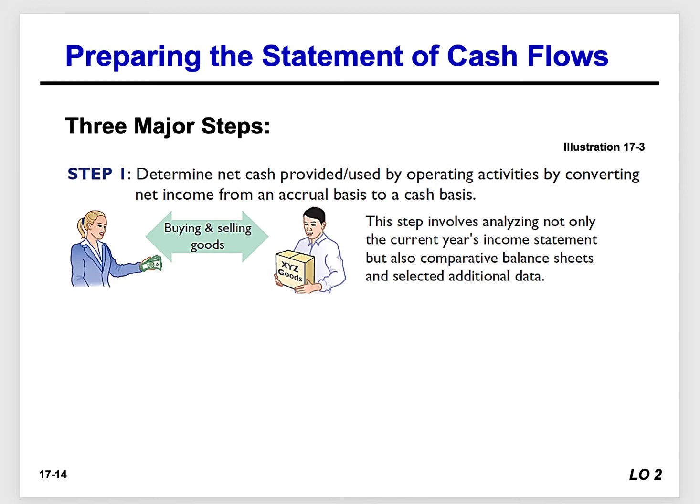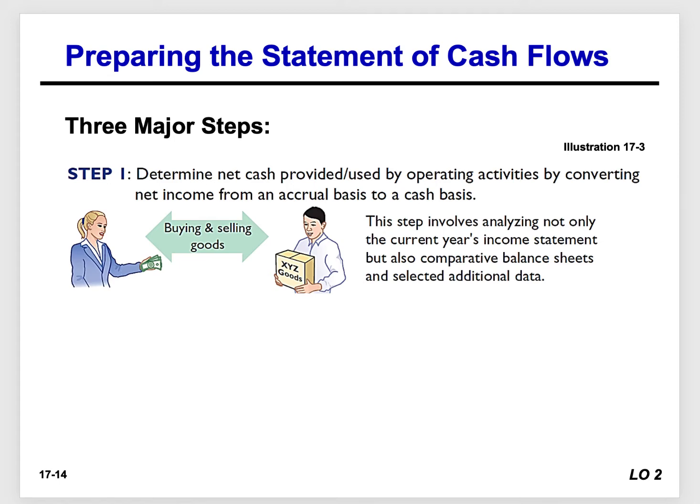We have this issue where we need to take statements that are done via the accrual method, and we need to turn them into the cash method. Super easy to do. It really is. We're going to go through these steps. Super easy to do, okay? So that's number one. Number one is we got to start off with our net income, okay?